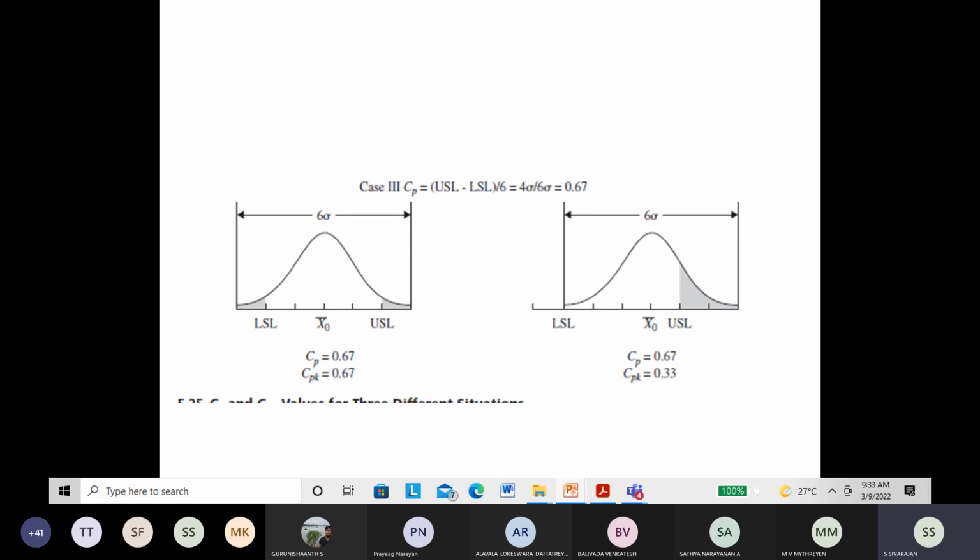In this analysis, I will be asking some simple problems. The only thing is, these diagrams you must know. Some data I will take, and from the data you must tell. From CP and CPK, we have to calculate the values, and you must say whether the process is meeting the specifications or not. From the control chart, you can tell whether the process is in control or out of control.